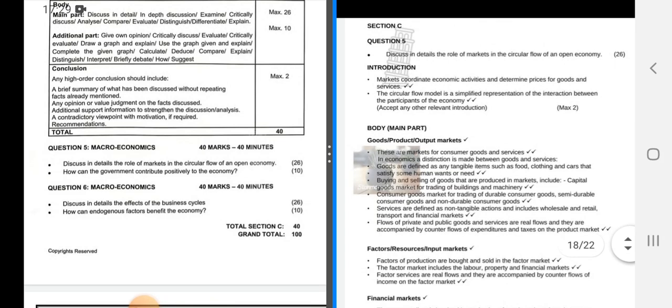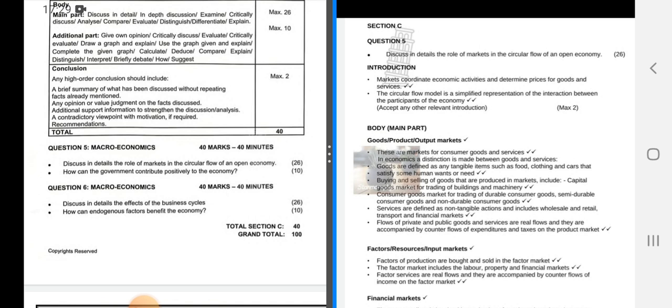So section C, question 5. For 20 marks, we have to discuss in detail the role of markets in the circular flow of an open economy. Firstly, with an essay type question, you write an introduction. The introduction is where you give a brief explanation of the circular flow and an open economy.